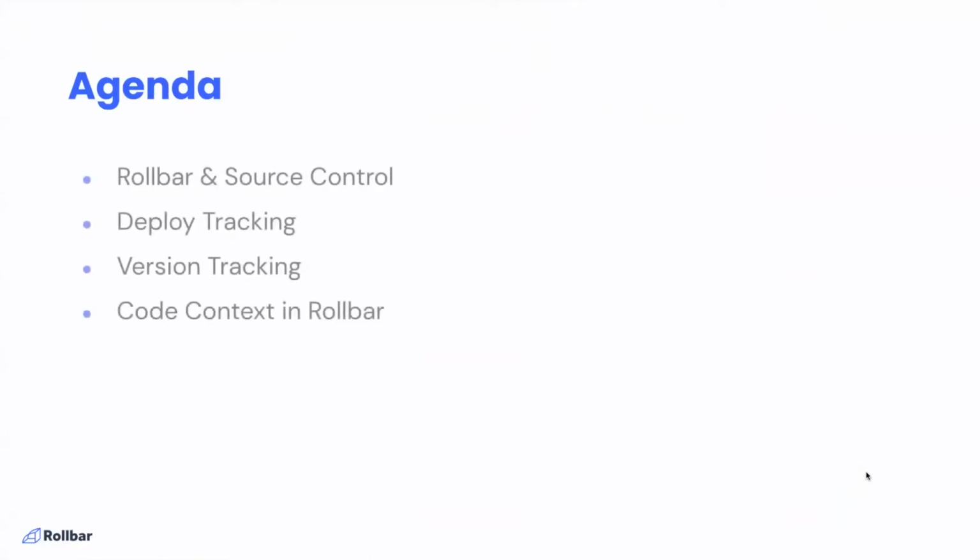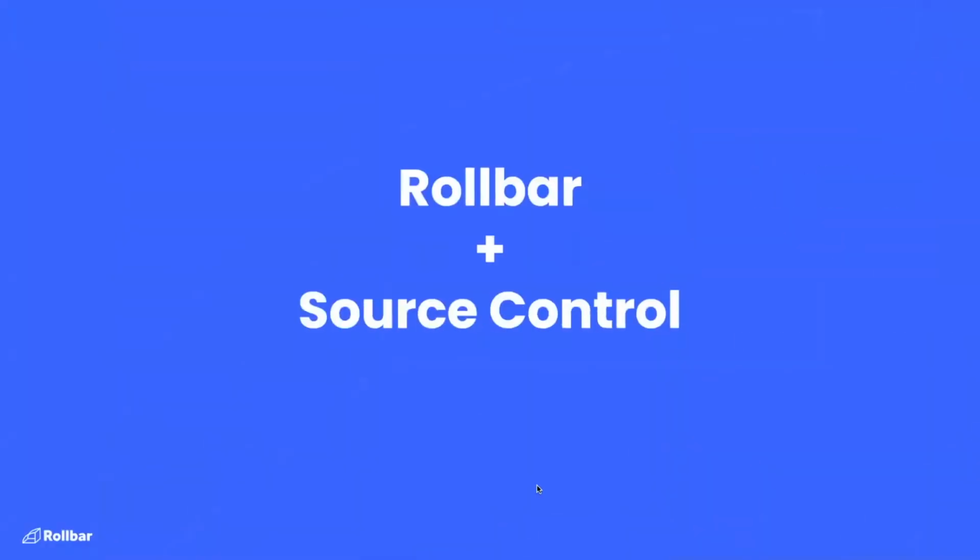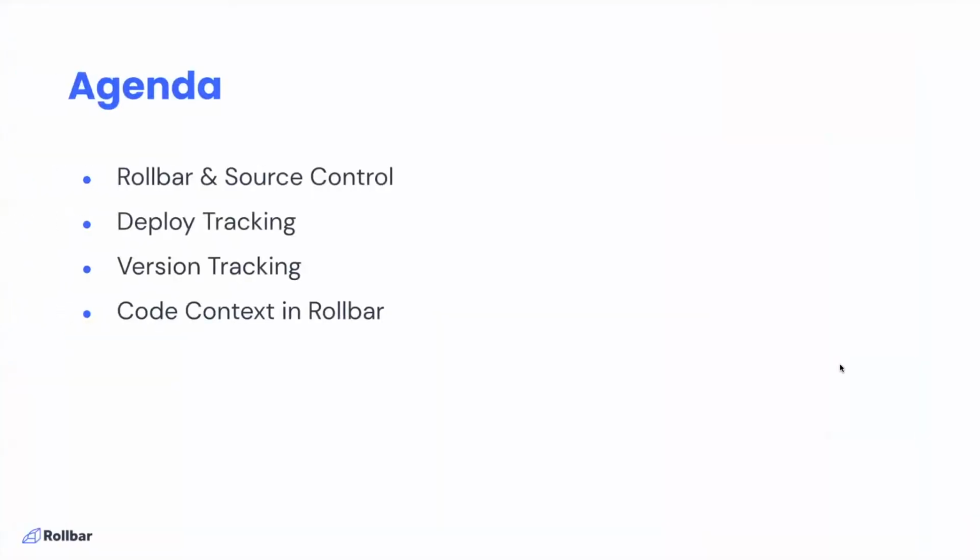All right, and just a review of the things that we will cover today. So we've got just introducing the integration point between Rollbar. Oops, went ahead one slide by accident there. So we'll talk about Rollbar and source control, what they do together. Then we will look at the deploy tracking feature where you can notify the Rollbar platform of the deploys that you're making.